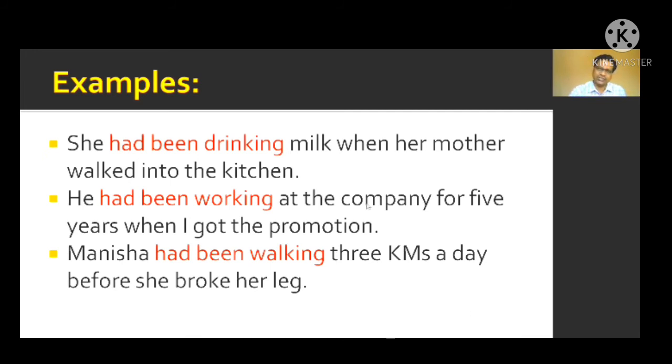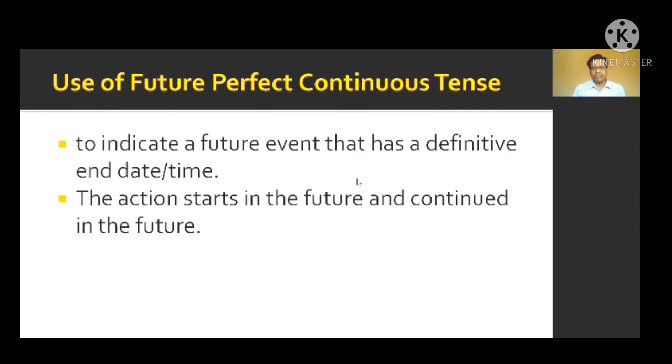Now, let us proceed further and talk about the use of future perfect continuous tense. Mind it well. The action will begin in the future. The action will, of course, continue for some time in the future. So that kind of action is expressed in future perfect continuous tense.